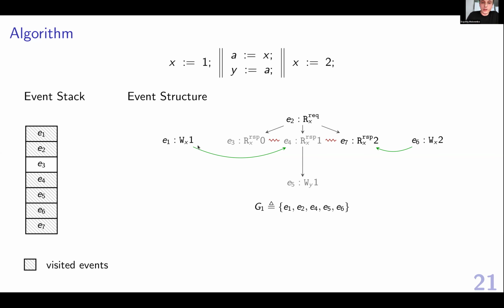Basically, we re-execute the program from the start for all the events that are already in the graph. We just follow the steps and check that we match the events that are actually in the graph. And then when we reach this point of E7, we continue execution.